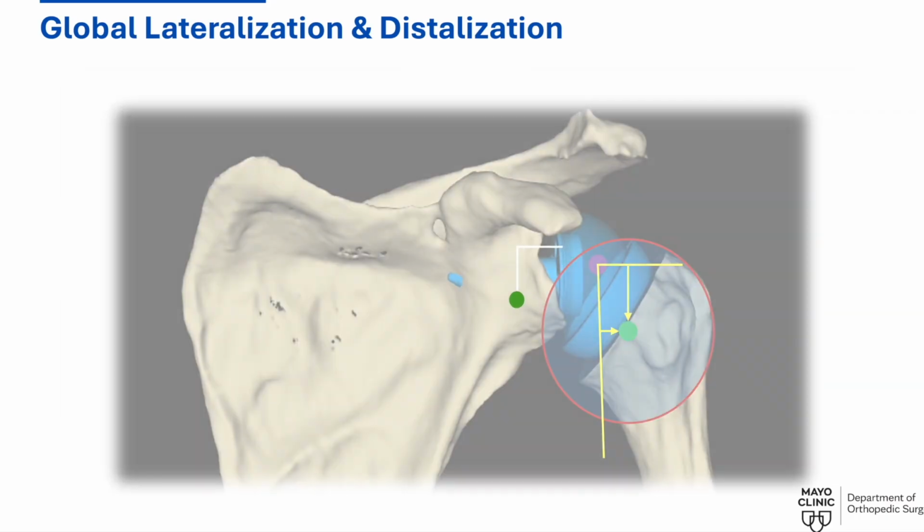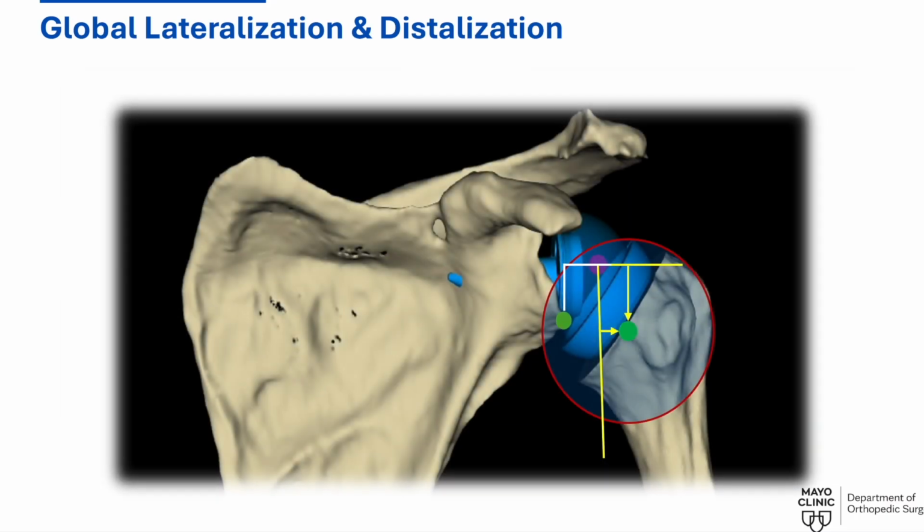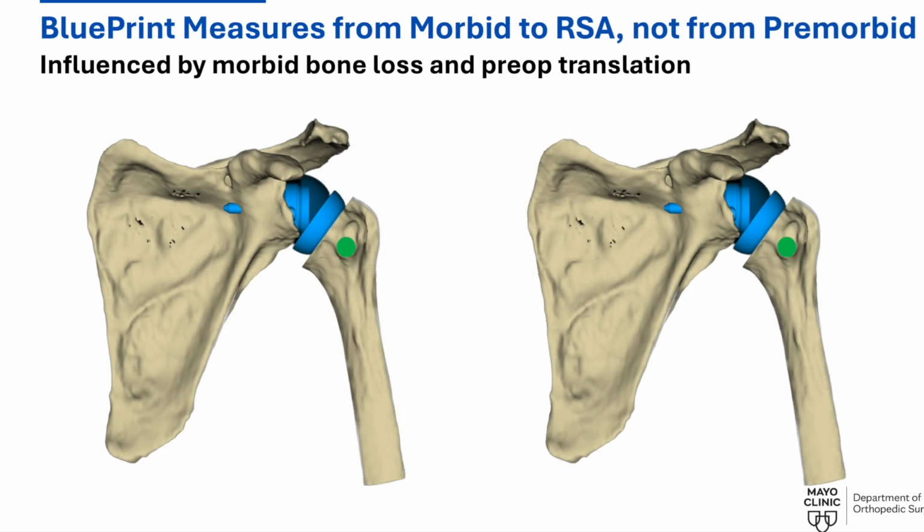If we now translate that into a reverse configuration, you can see the brighter green spot is the new center of the humeral head. So the yellow lines tell you where the purple point moved to the bright green point, distally and laterally, and that is your global lateralization and global distalization, but it's dramatically affected by the state of the shoulder before reconstruction.